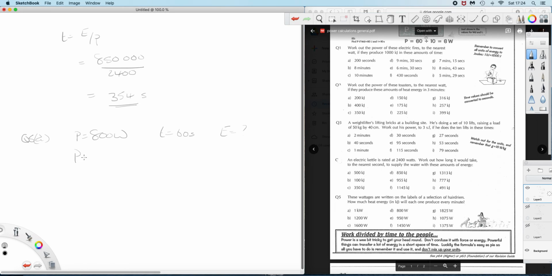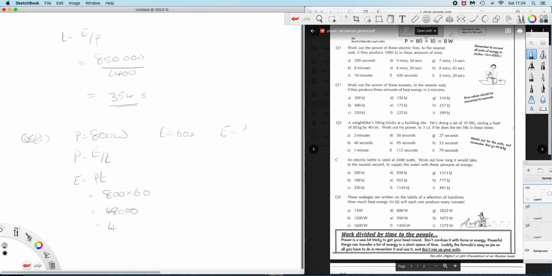We know that power is energy divided by time, and from our last question we might remember that energy was power times time. So we have 800 times 60. 800 times 6 is 4800, 800 times 60 is 48,000.